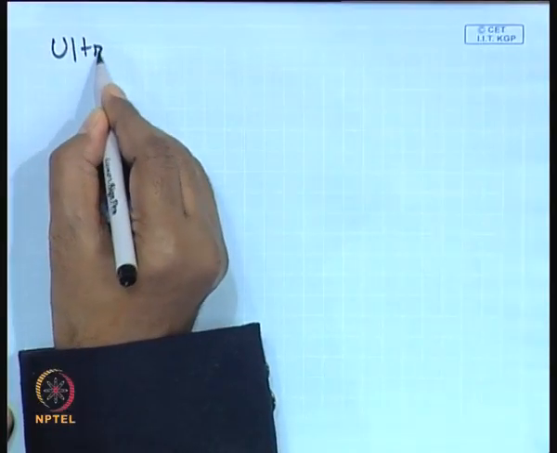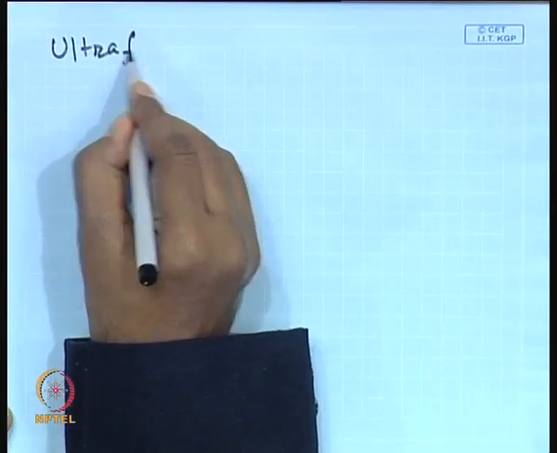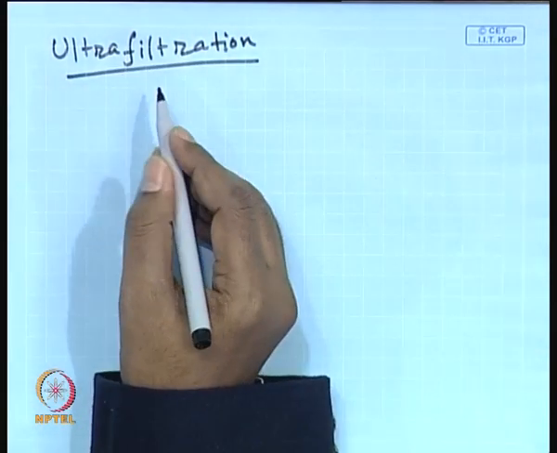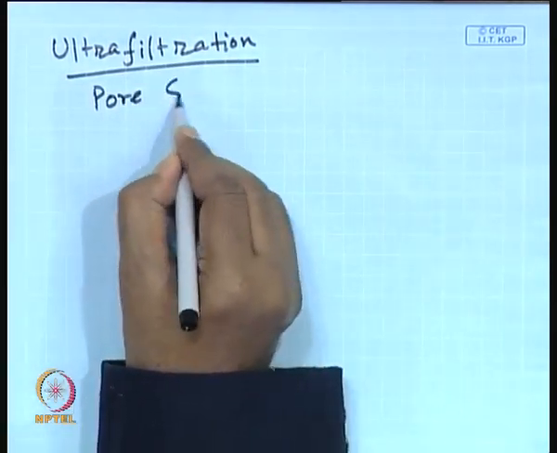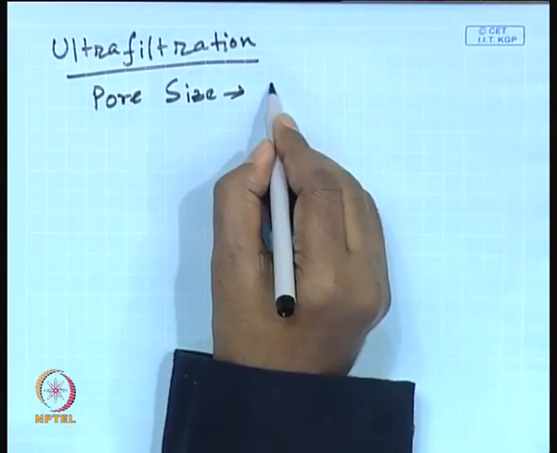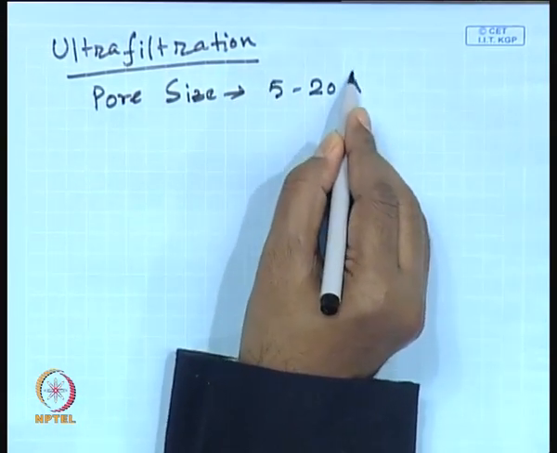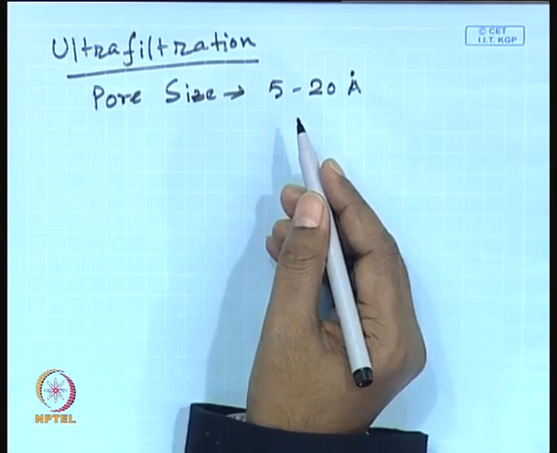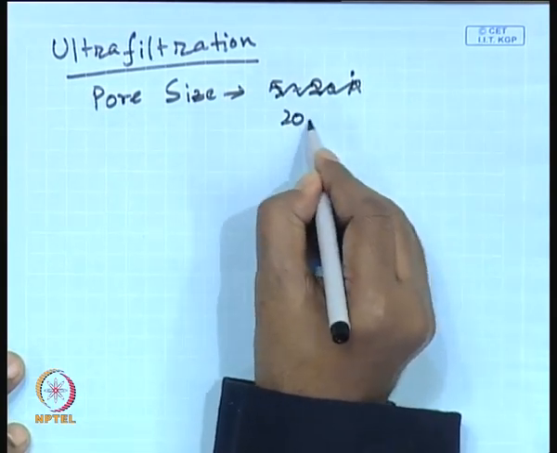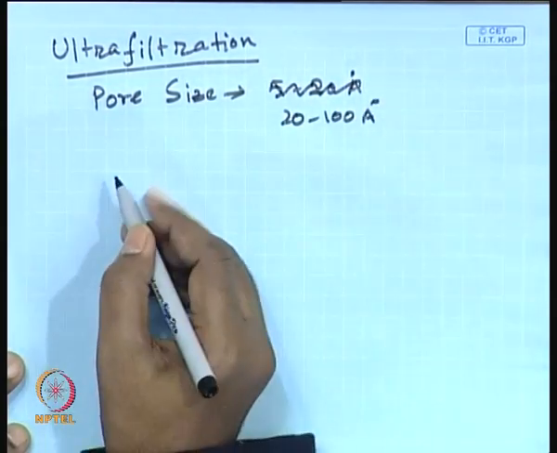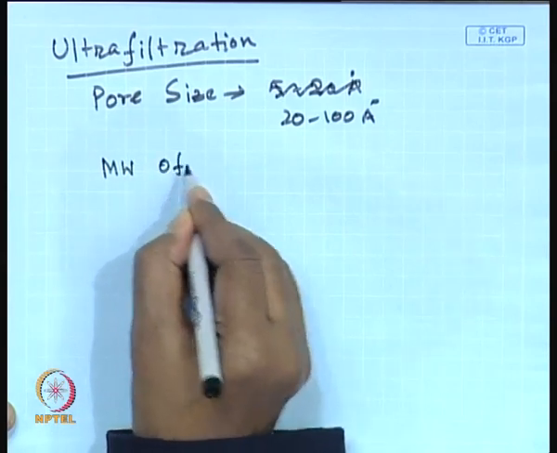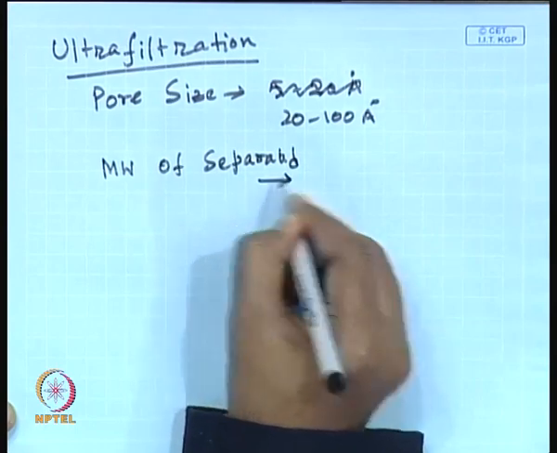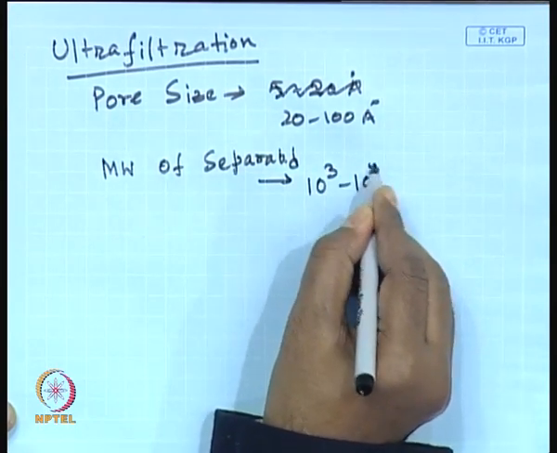The most important and most utilized process is ultrafiltration. Here the pore sizes are larger than the nanofiltration membrane. No, 5 to 20 angstrom was nanofiltration, so it will be 20 to 100 angstrom. The molecular weight of solutes that is separated will be in the range of 1000 to 10 to the 5, 1 lakh.